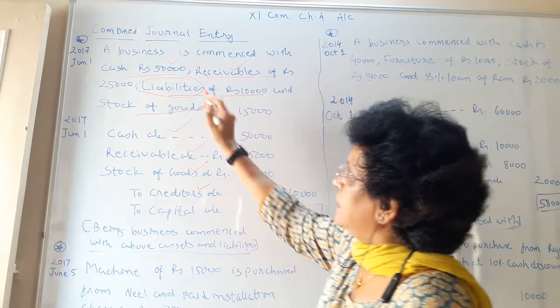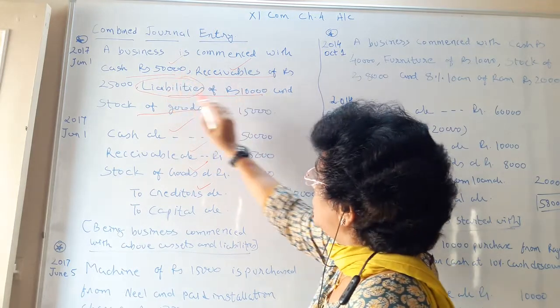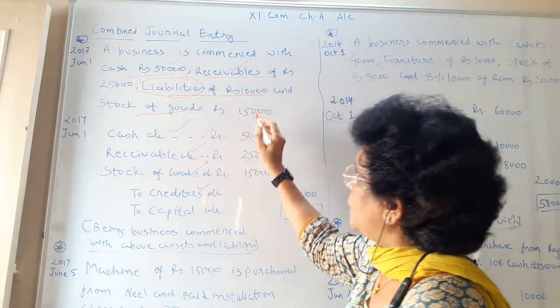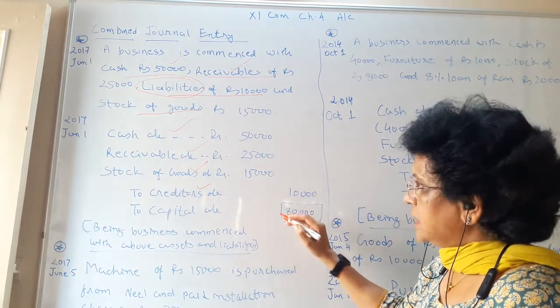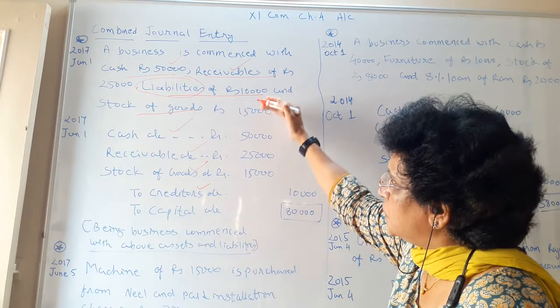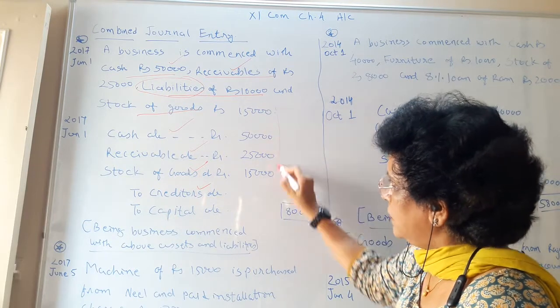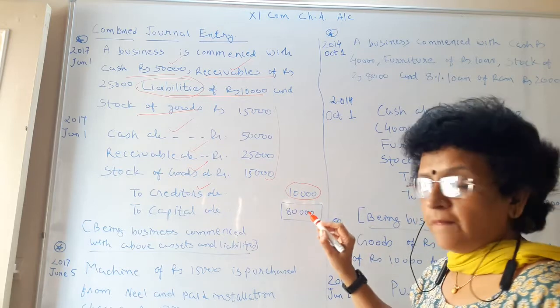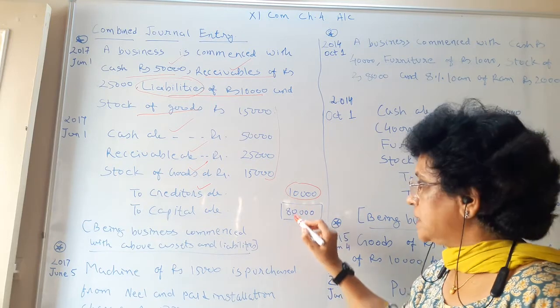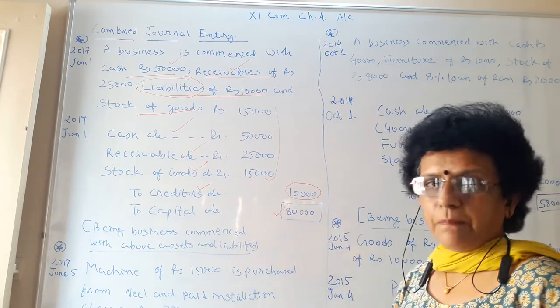So in this manner, figures 1, 2, 3 and 4, all figures we have posted. The difference is your capital. So total of debit, all the 4, minus this total 10,000, whatever is the difference, that is your figure for capital.